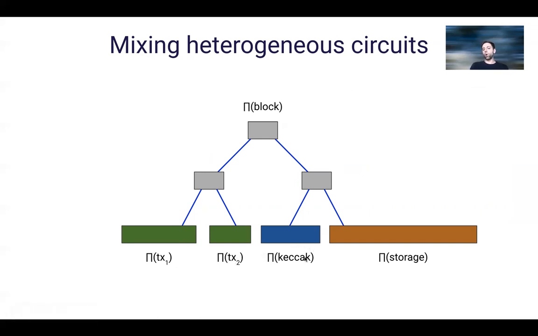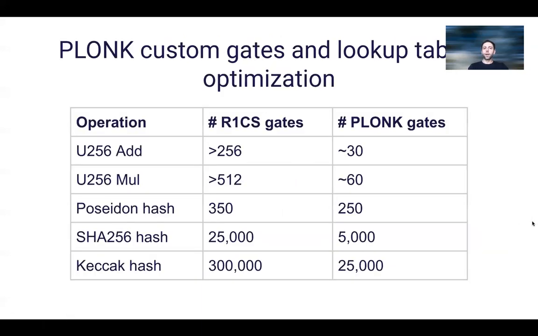And if we need more KCHAC hashes, then we just add more of these circuits to the mix. If we need more storage, we just add more storage. If we need more EDDSA signatures, we add more of those circuits. And we can efficiently aggregate any number of them, the way I described before, to get the proof of the execution of the entire block. And we also heavily optimized the specialized parts over the course of the last year.